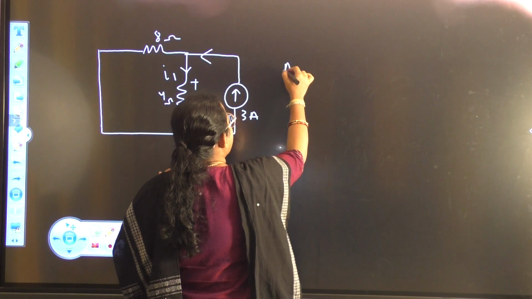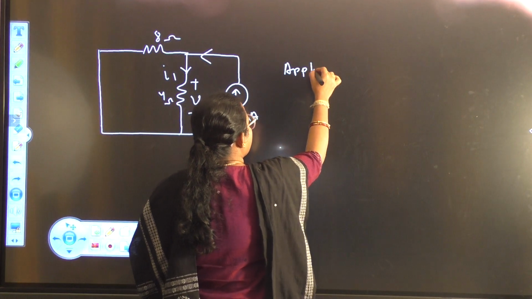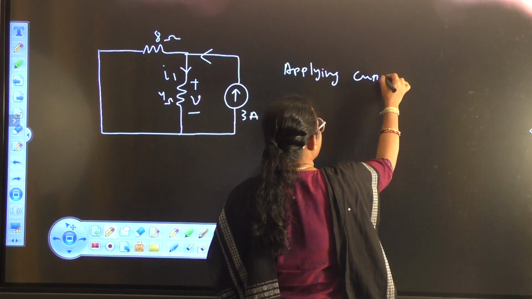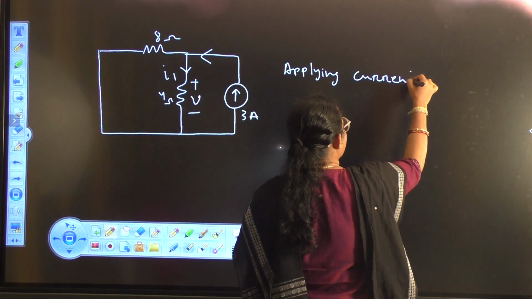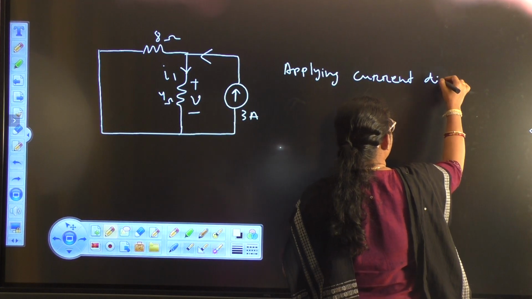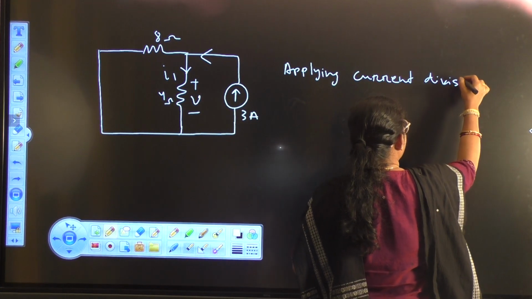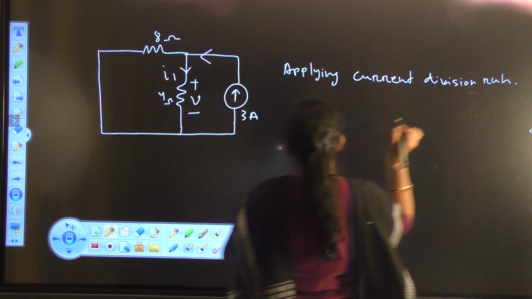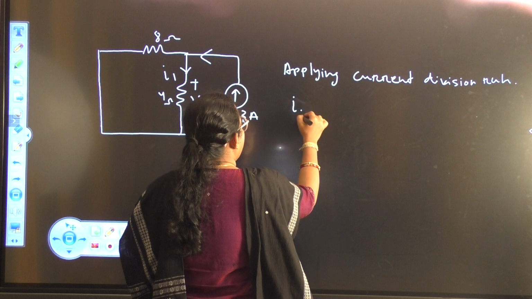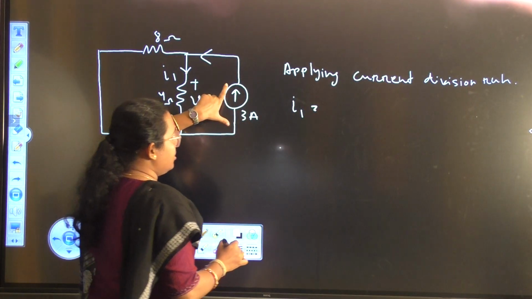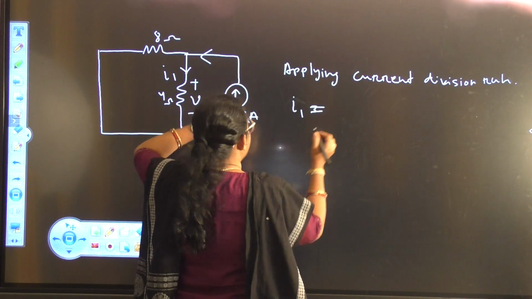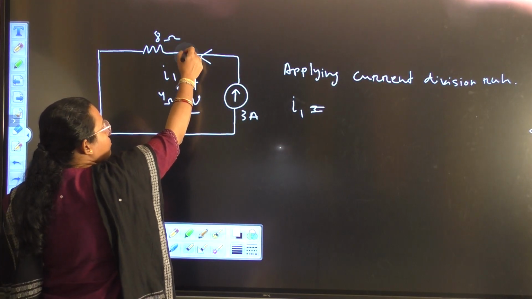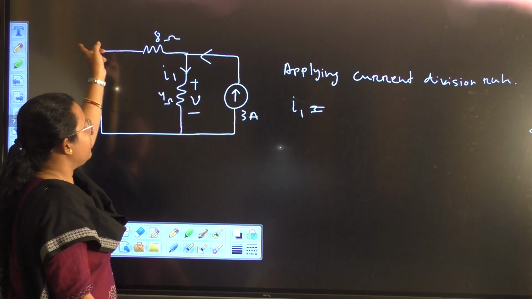So apply the current division rule. I1 can be found out by, this is my main current which is injected or coming to this node and it is divided into 2 parts.